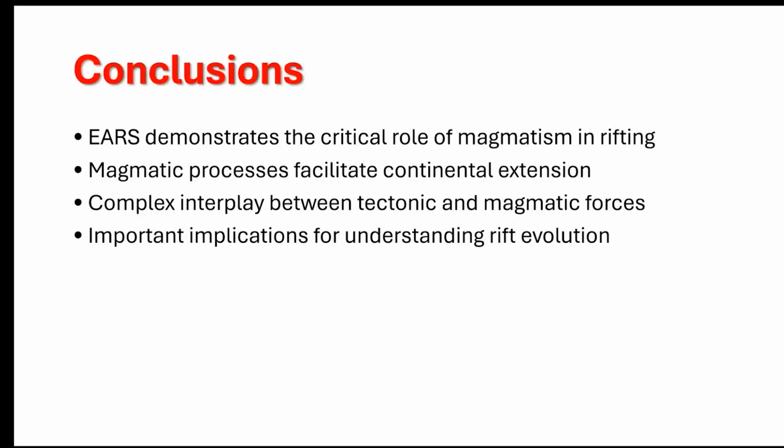So for conclusions, we need to know that the East African Rift System demonstrates the critical role of magmatism in rifting, and the magmatic process facilitates continental extension as the magma is making its way to the surface.